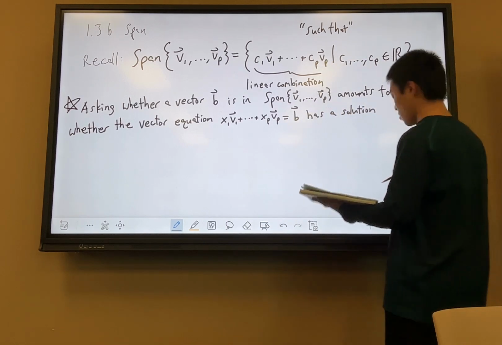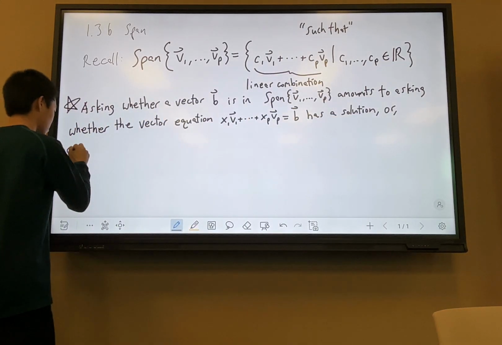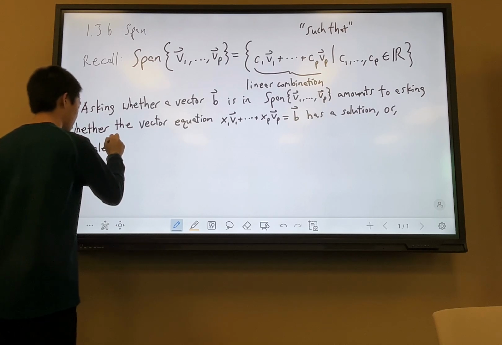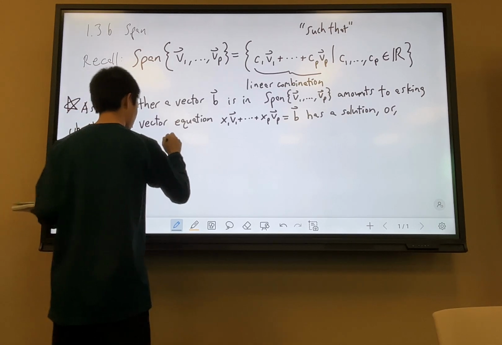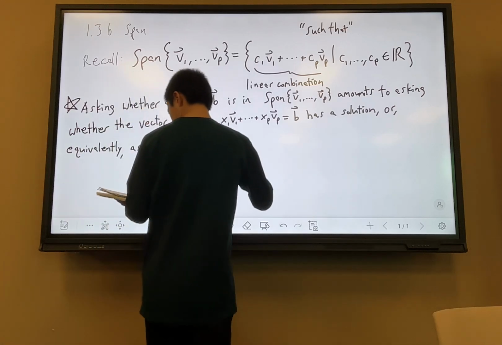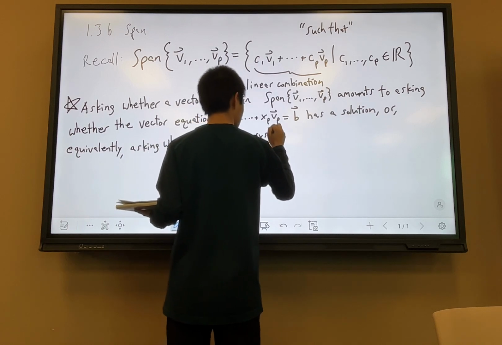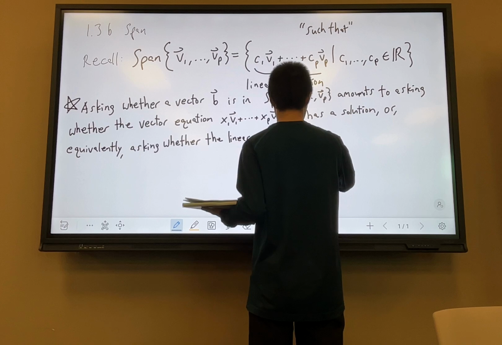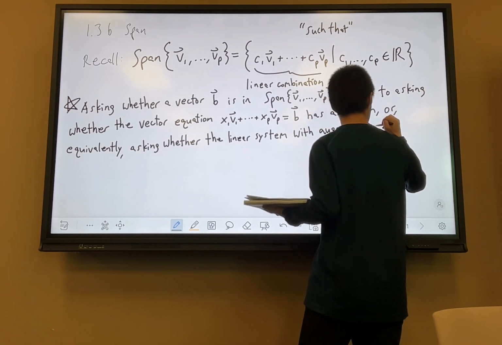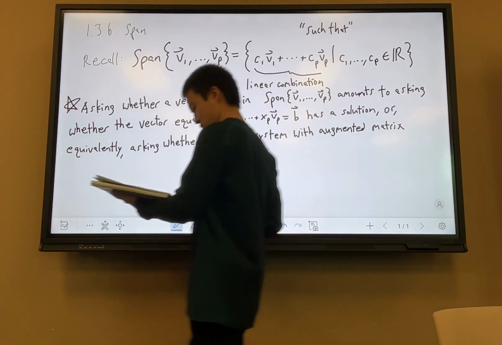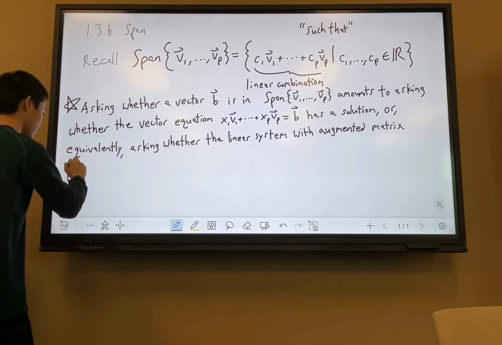Or, and there's another way we can think of this, equivalently, asking whether the linear system with augmented matrix, which we can describe with, now these vectors become the columns of this matrix.